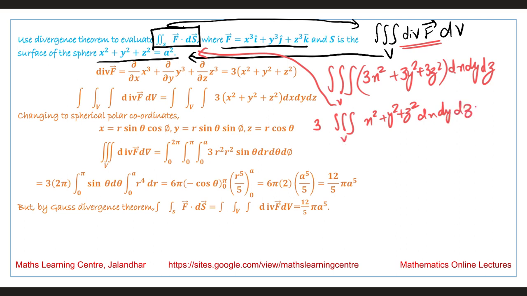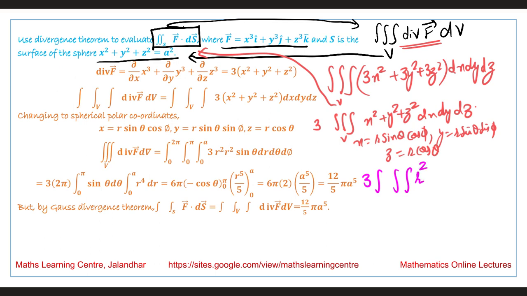Now we use the spherical polar coordinates. We write x is equal to r sin theta cos phi, y is equal to r sin theta sin phi, and z is equal to r cos theta. The integral will become 3 times the triple integral of r square, in place of x square plus y square plus z square we will have r square, then we will have r sin theta dr d theta d phi.